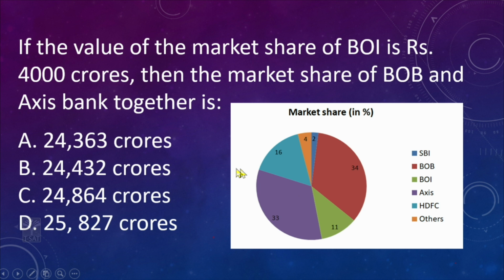So you have to find the share of Bank of Baroda and Axis Bank together when Bank of India is given as 4,000 crores. Already I said the sector angle represents the data and the percentages are given.